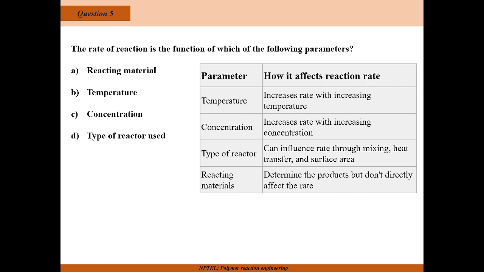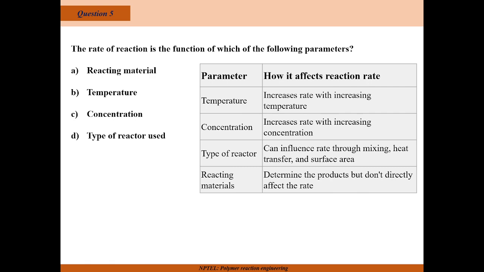And also the type of the reactor, because the type of the reactor that we use will determine how the heat transfer happens and how much area this reaction is occurring on. So that all will determine the reaction. And when we come to reacting materials, it definitely determines the products. It defines what kind of product. In order for a reaction to happen, a certain reactive material should be used, and it will also affect the outcome.